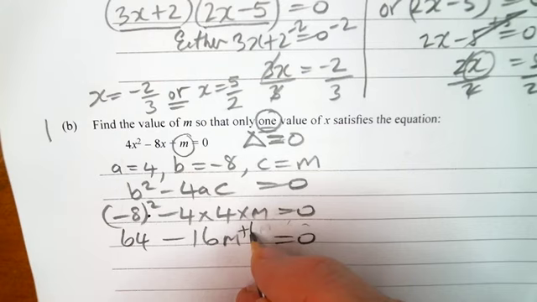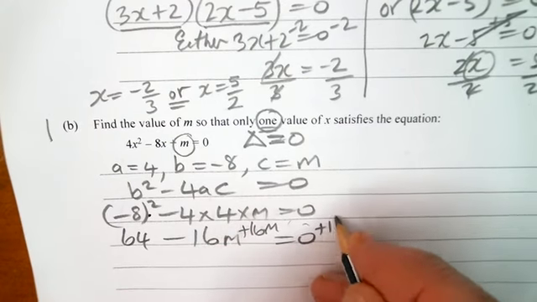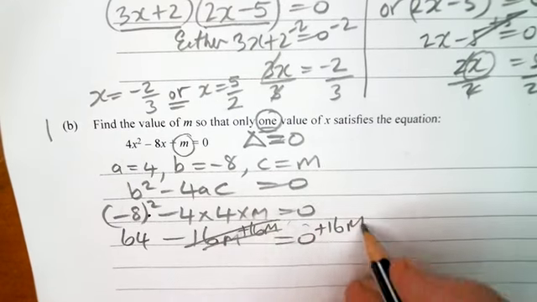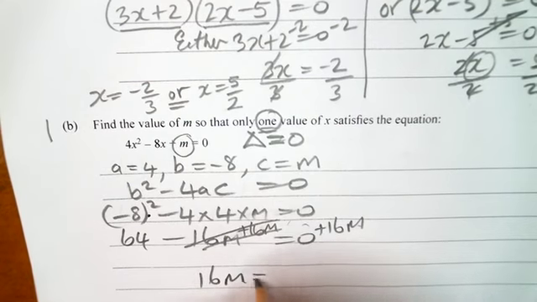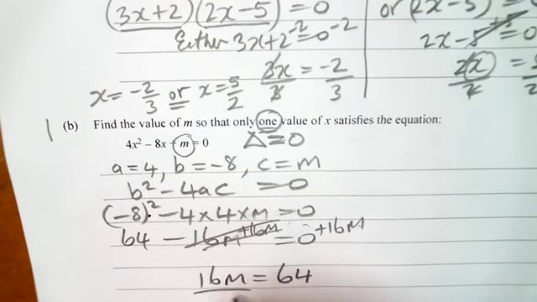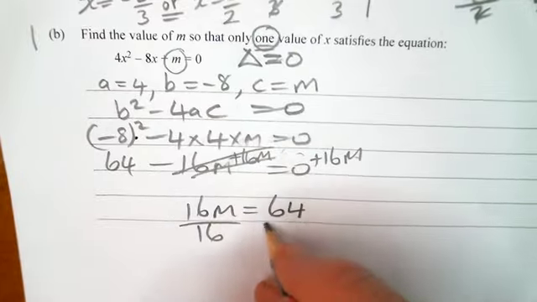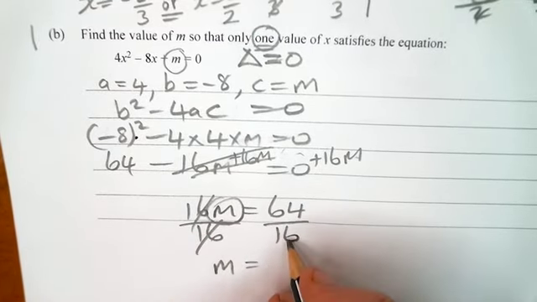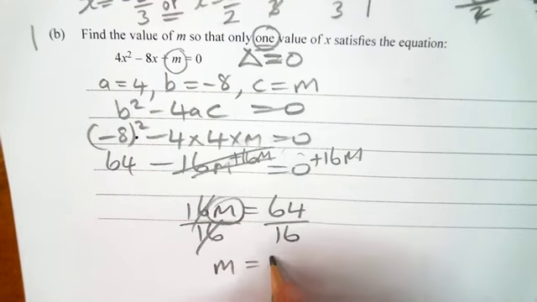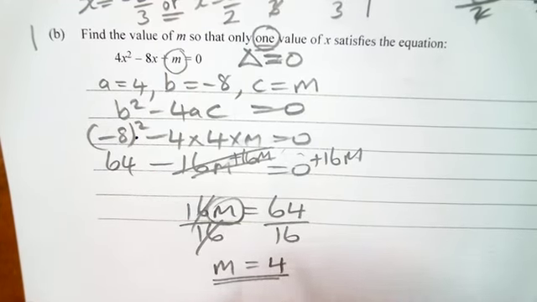I'm going to add 16m to both sides, so 16m is equal to 64. If I divide both sides by 16, m is equal to 64 on 16, which is 4. So the value of m which would satisfy this for one solution is 4.